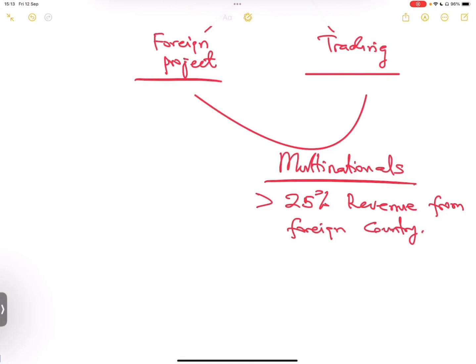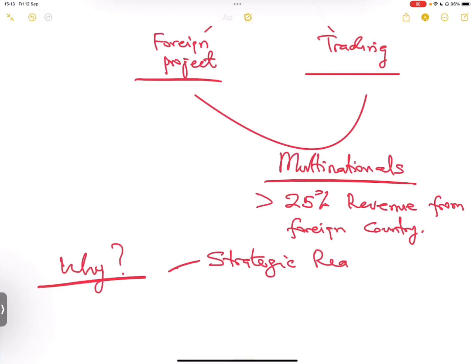Very important. And the question is, why do companies go to trade in another country? Why would they do that? It can be for strategic reasons, which means not necessarily driven by active trading profit, but they are looking more into things that have to do with the sustainability and long-term existence of the company.